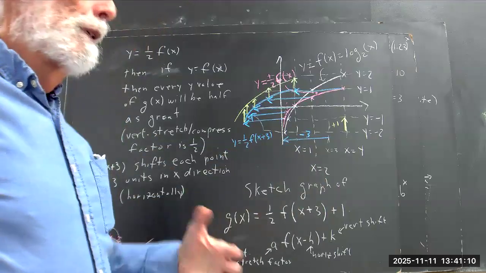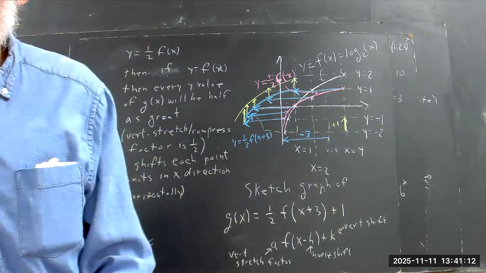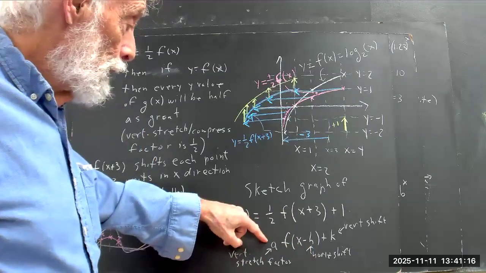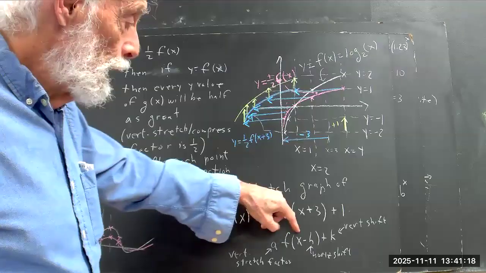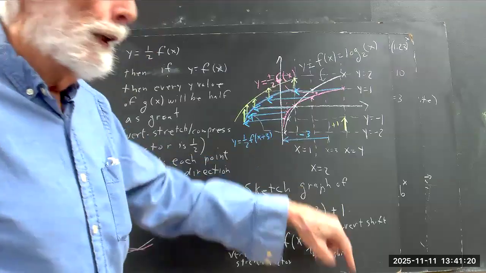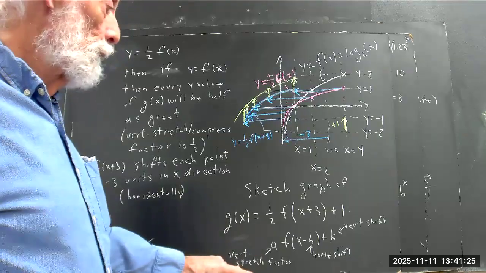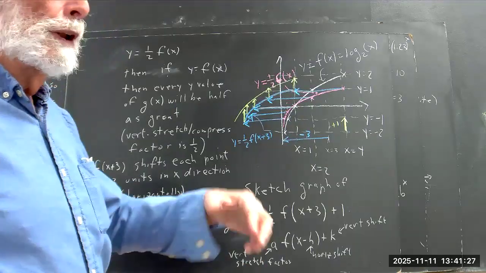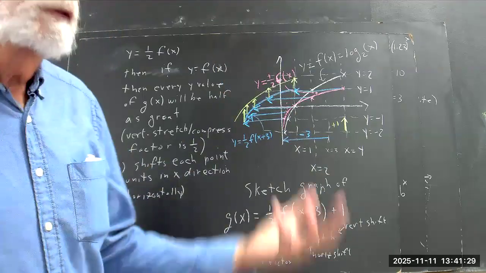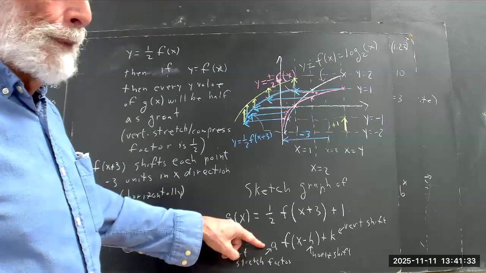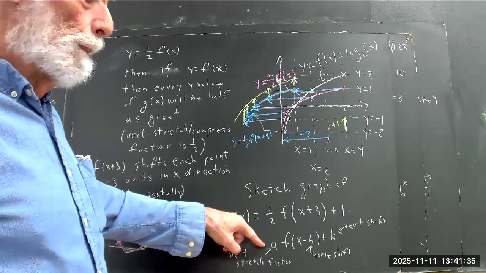This is a series of stretching and shifting transformations of the function f, of the form a f of x minus h plus k. A is your vertical stretch factor, and it's actually a stretch, compression, reflection factor. It tells you whether you're stretching or compressing and whether you're reflecting.